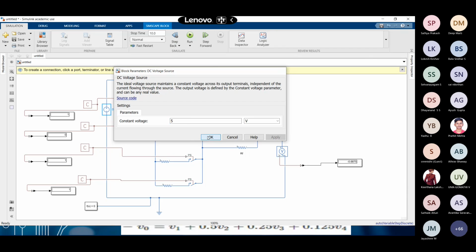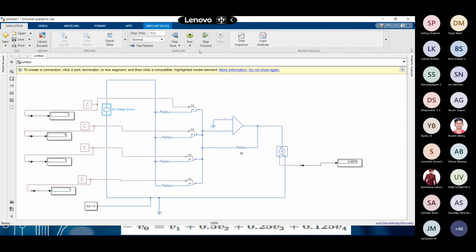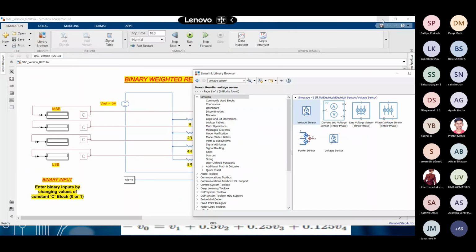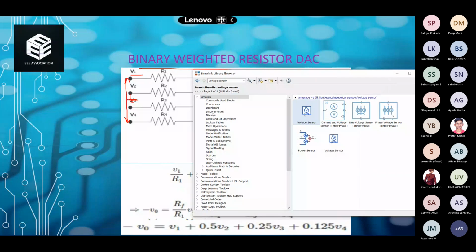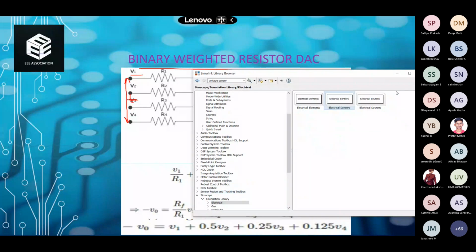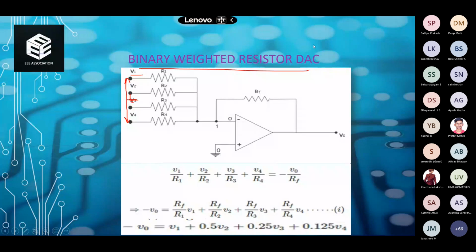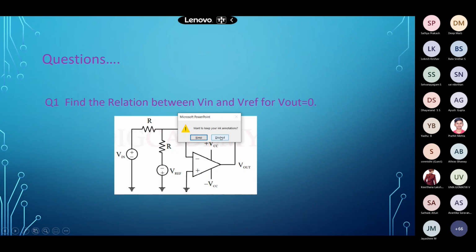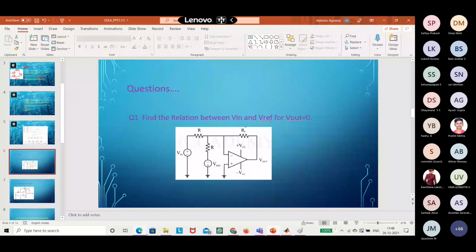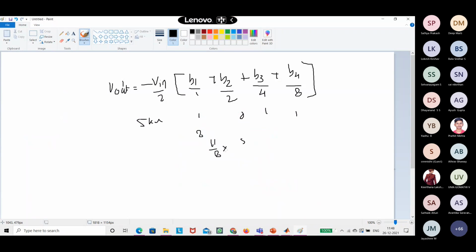I've set the constant to 5. So this is 11 by 8 into 5, and you have minus, so it will be around minus 3 point something.